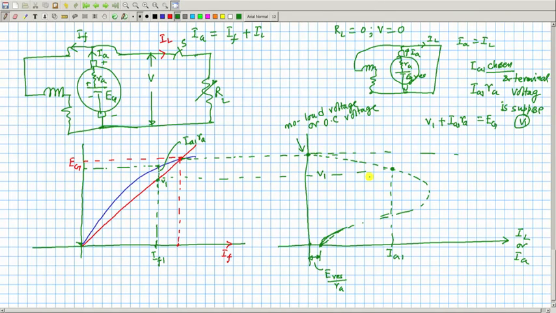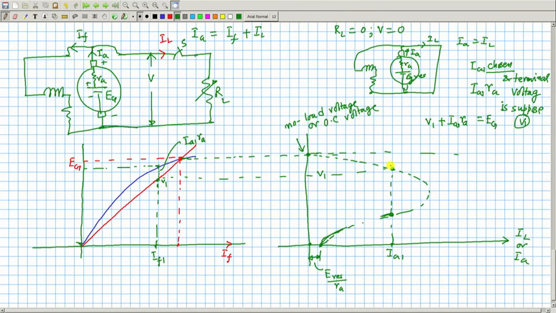But the interesting thing is, if somebody draws the load characteristics like this, which I am expecting it has to be like this, we find that terminal voltage versus armature current is a double valued function. That is, for a given armature current, the terminal voltage may be either this one or this one.